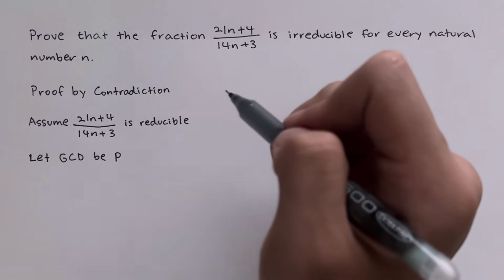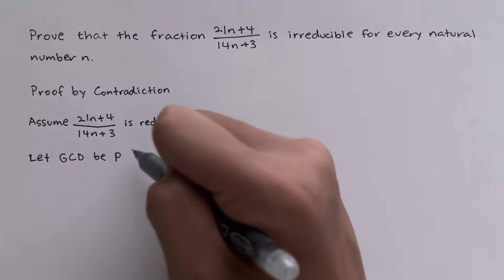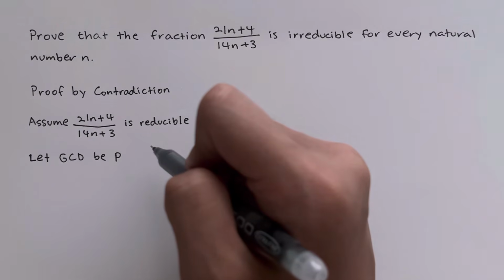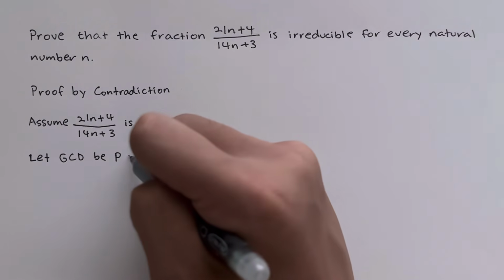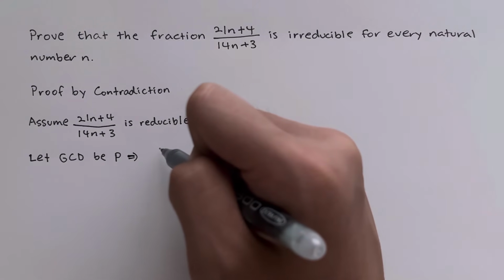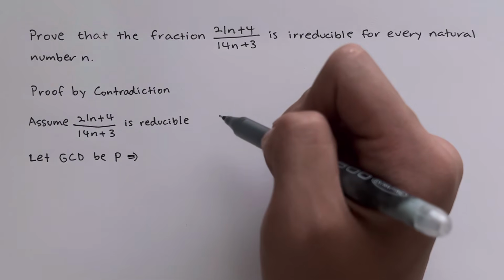Then, since it's the greatest common divisor of 21n + 4 and 14n + 3, we know that p must be a factor of 21n + 4 and 14n + 3.